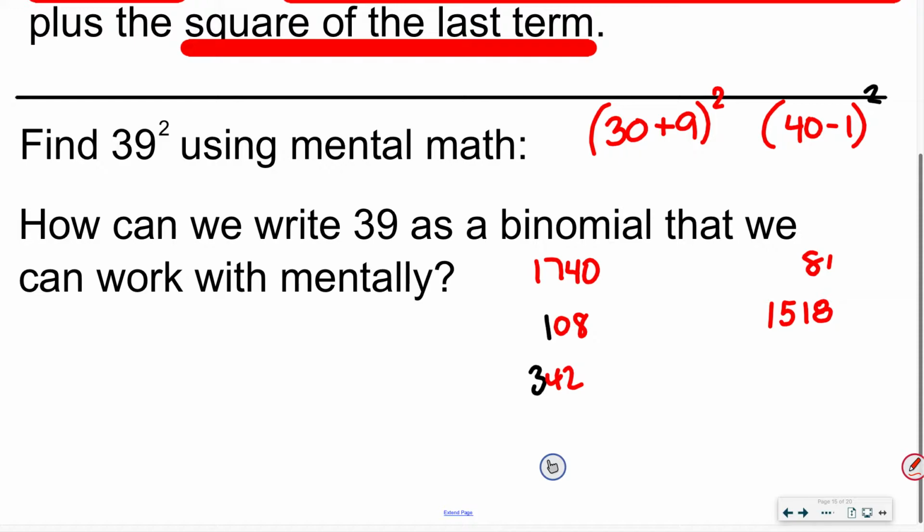Anybody else? 1,600. Which way did you use? 1604. 680. 681. Which method did you use? 171. 170. Which way did you use? 999. Which way did you use?